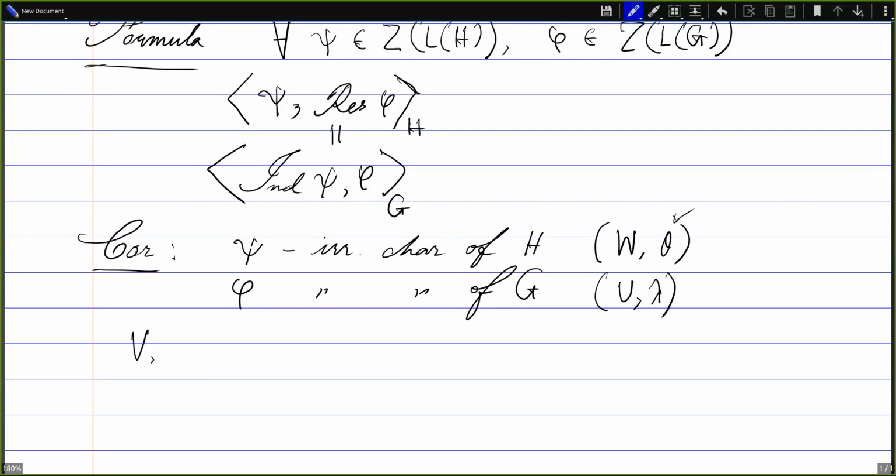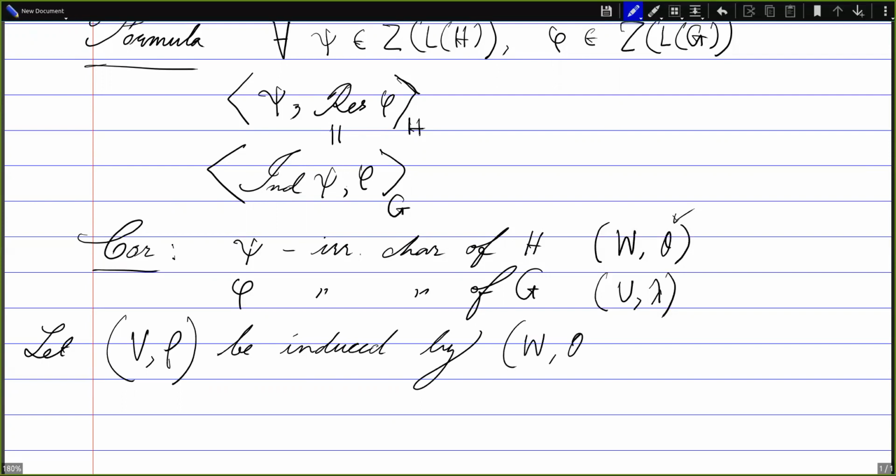let V rho be induced by W theta. Recall what it means.